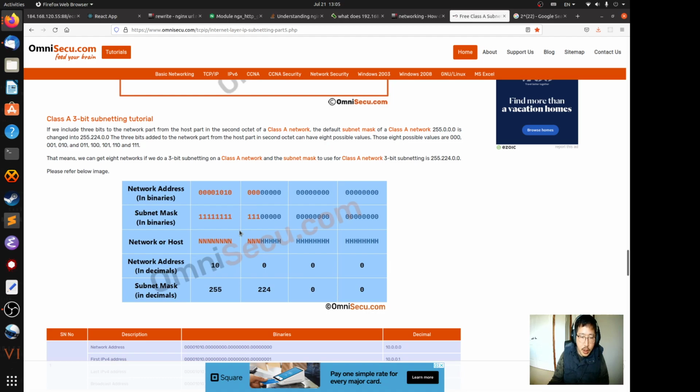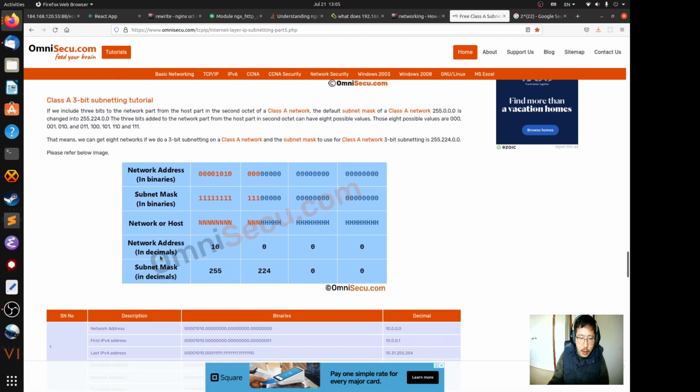Again, we start with the subnet mask. All first octet being ones, and all other octets being 0. And then we assign from the host portion, this time 3 bits. And I think the network address is still the same.